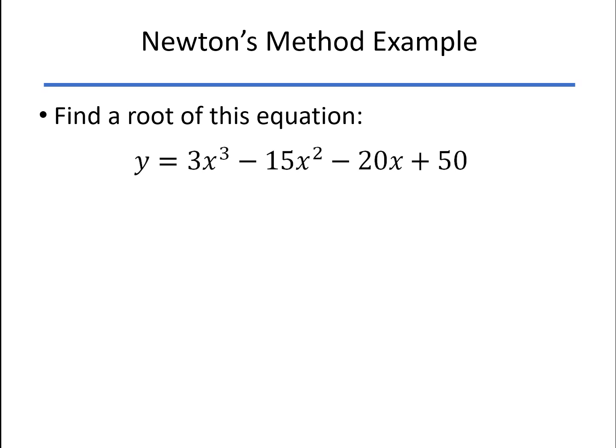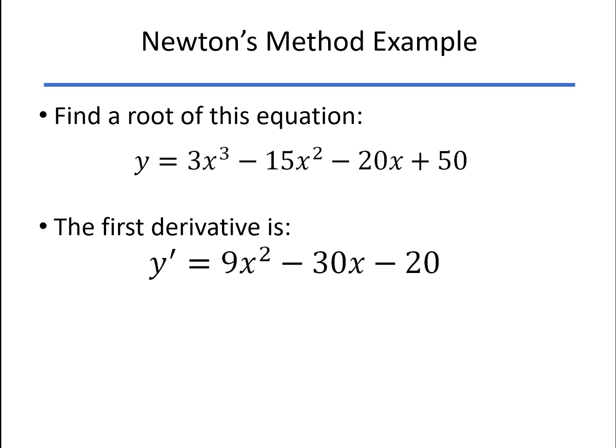Here's a third order polynomial, and we want to find a root. As you could probably guess, there may be more than one root for a polynomial like this. We can also take the derivative of that equation, and so there's our value of y prime.